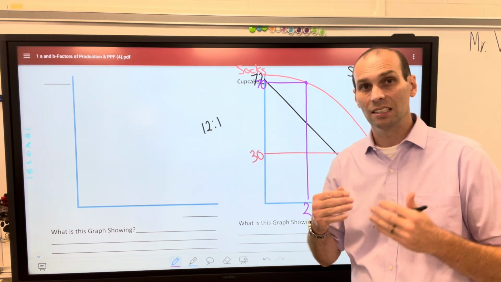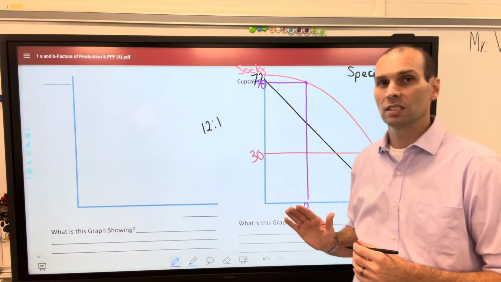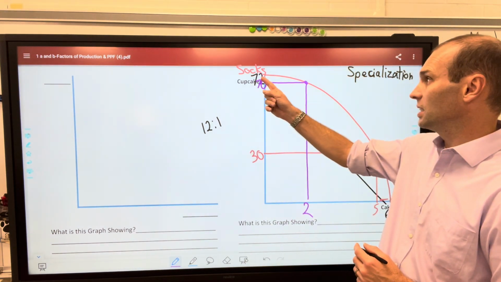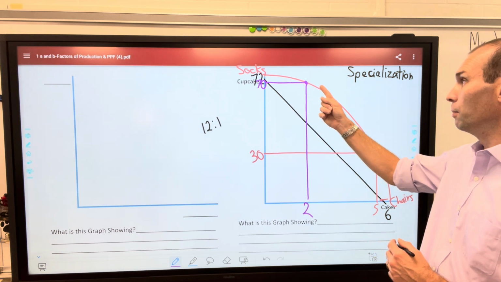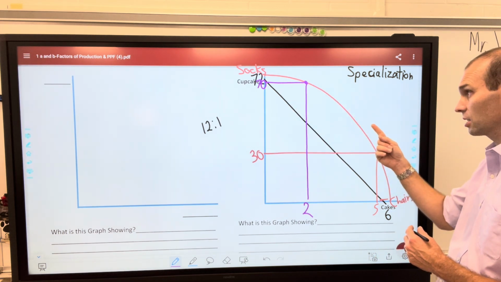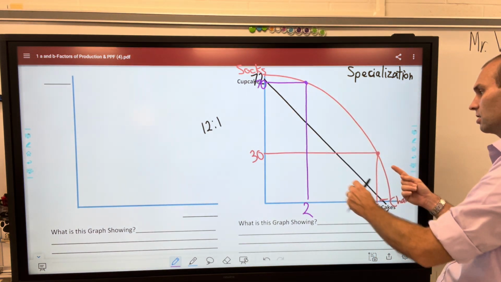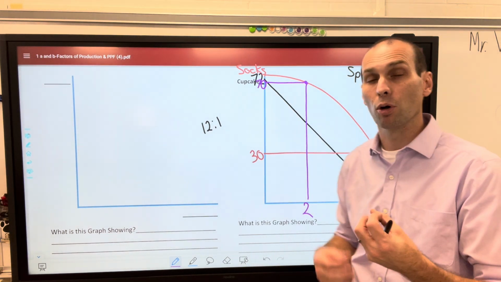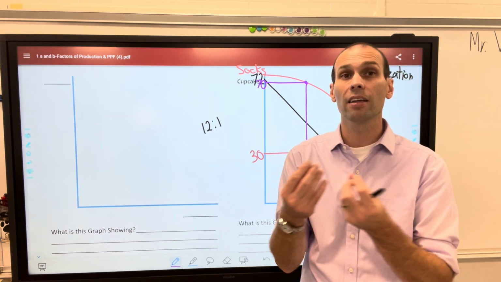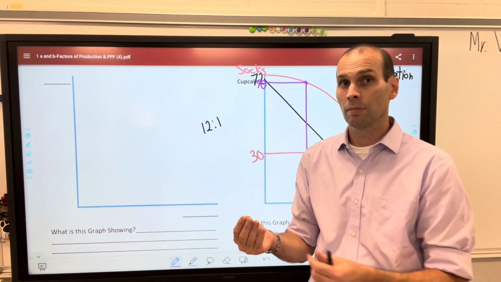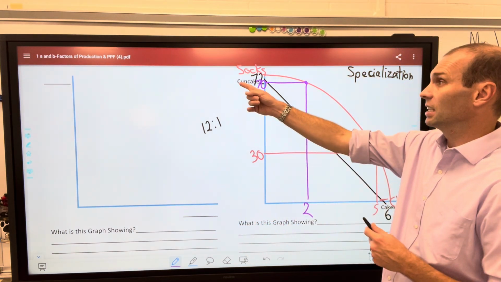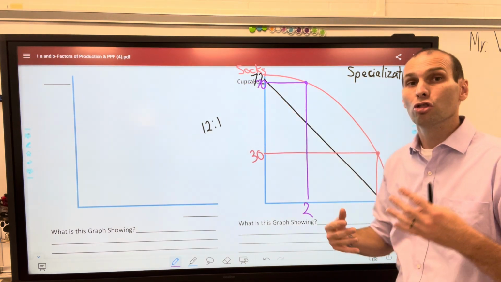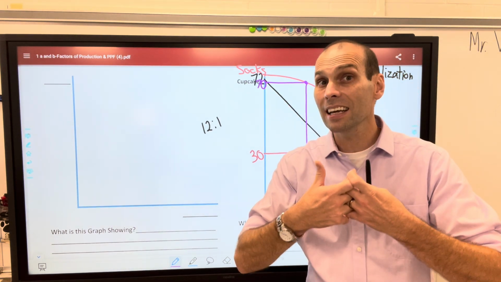But the key point is a bowed out curve is specialization. It means that as we take more resources away from one good, we'll give up more of it to get less of the other, and vice versa. Because some people and resources are better at one thing than the other. However, when we have things like cupcakes and cakes, those resources are perfectly interchangeable.